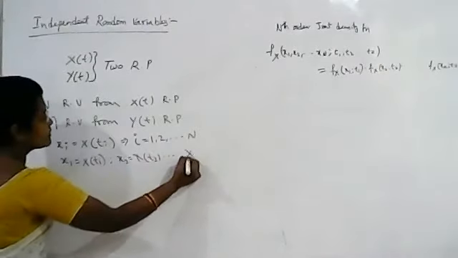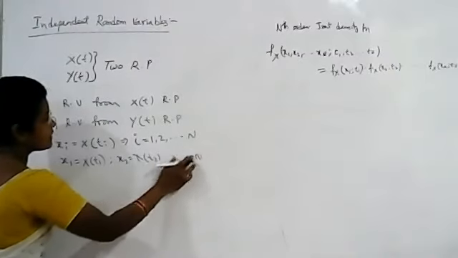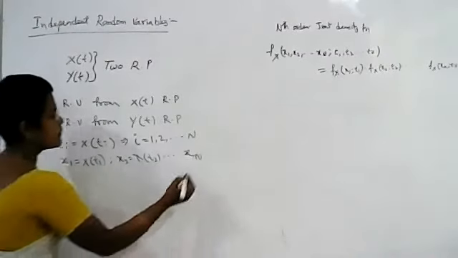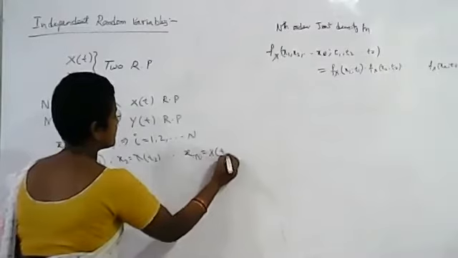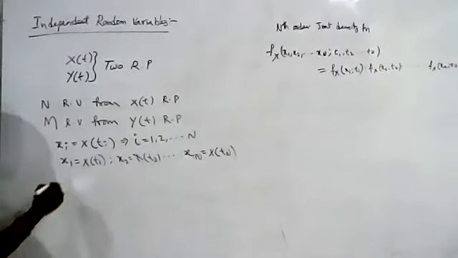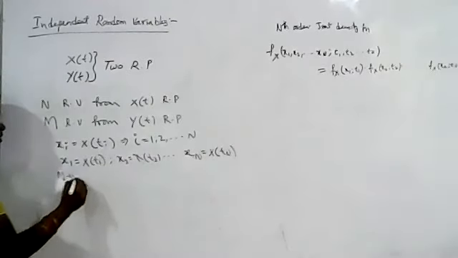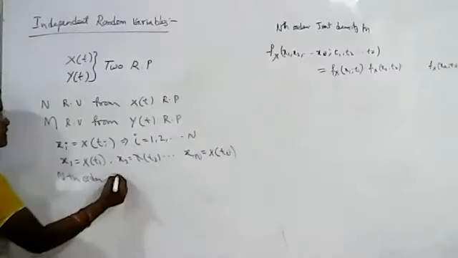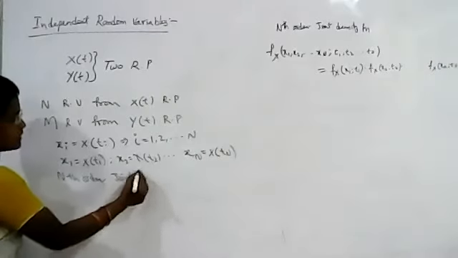How many random variables do we have? Xn. What is Xn? Xn will be X(tn). Now say, for example, these random variables have an nth order joint density function.